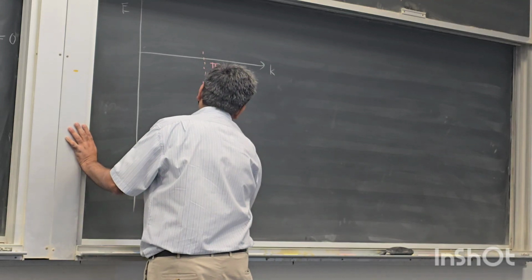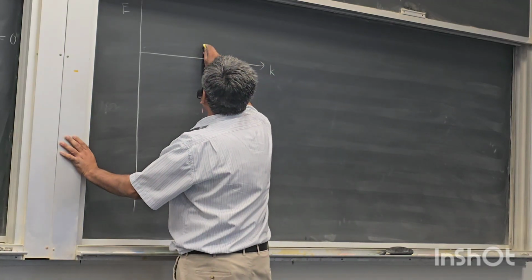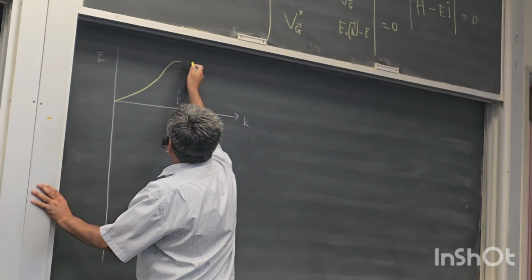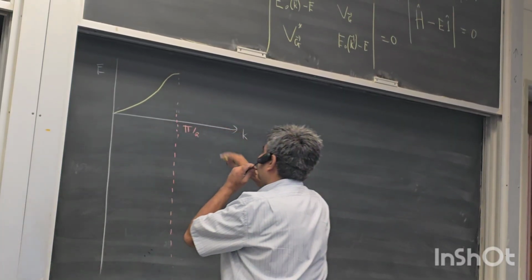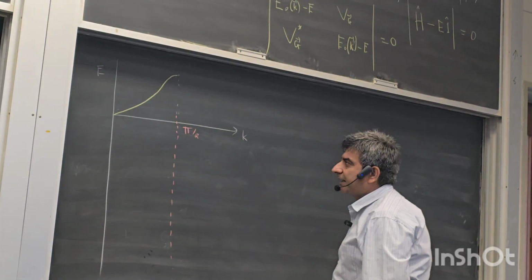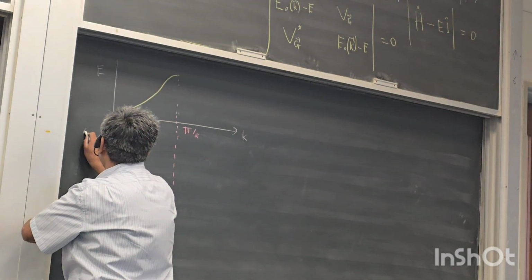This is the boundary of the first Brillouin zone. I have a parabolic relationship, but at the zone boundary, this curve flattens out.